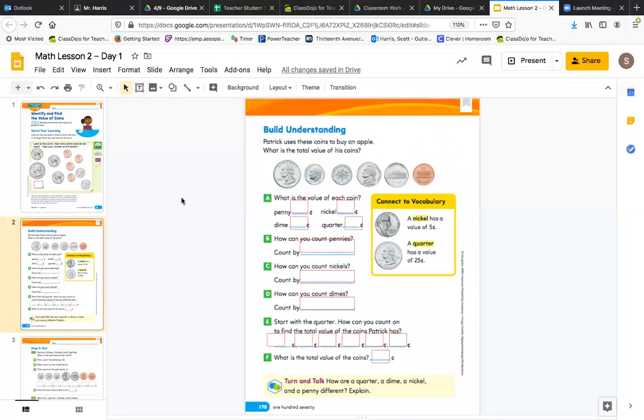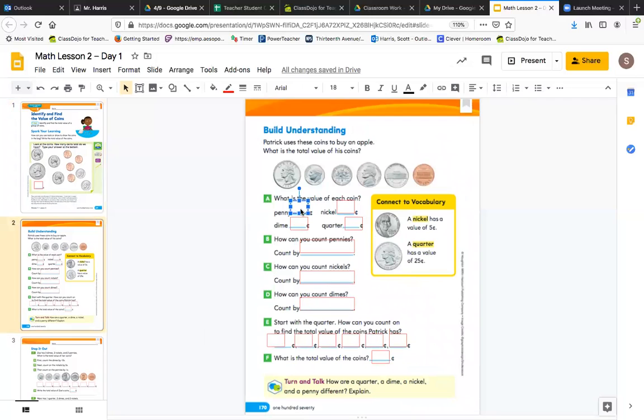Okay, so now let's get right into it. On our next slide, Patrick uses these coins to buy an apple. What is the total value of his coins? Well, the first thing we're going to do is review what we just went through. How much is each of those things worth? Well, we know from last week, a penny is worth how many cents? 1 cent.